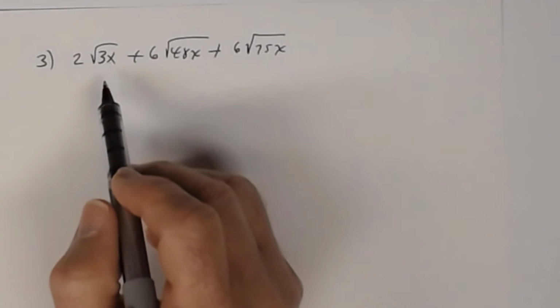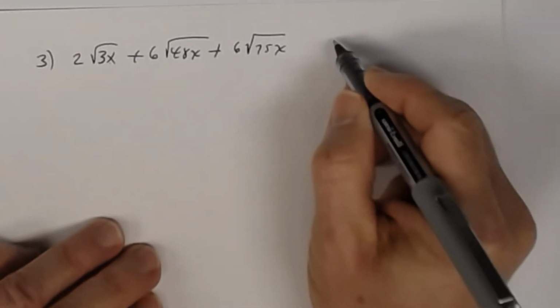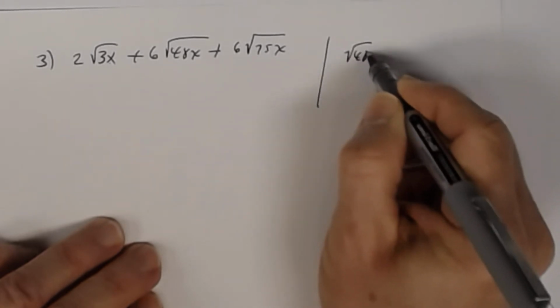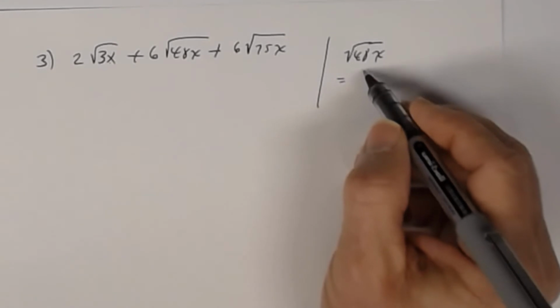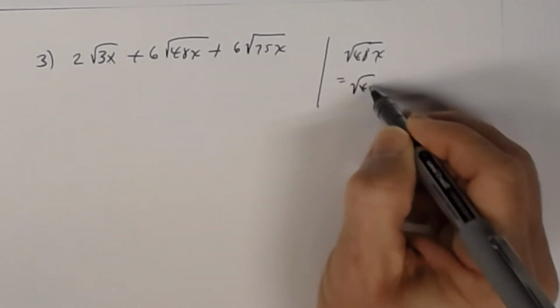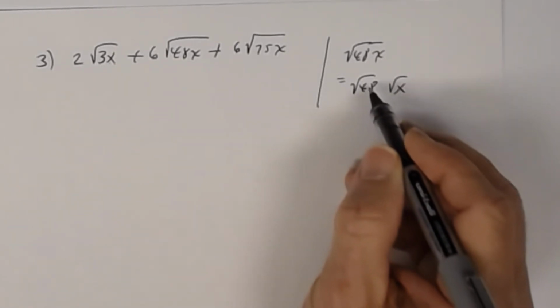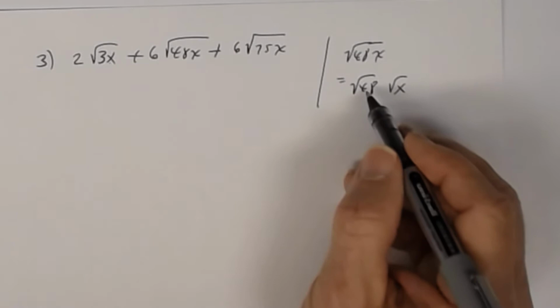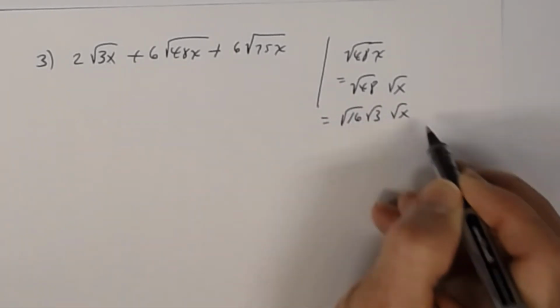1's less than 2. In the second one, if you look at the square root of 48x, I know I can simplify the square root of 48. And so let's go ahead and use the product rule here. So it'll be the square root of 48 times the square root of x. The largest perfect square that goes into 48 is 16. So I can write this as the square root of 16 times the square root of 3 times the square root of x.